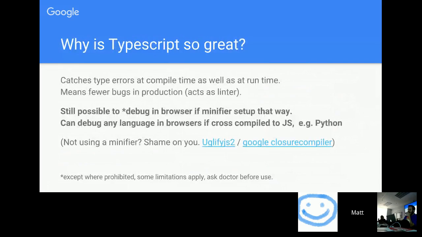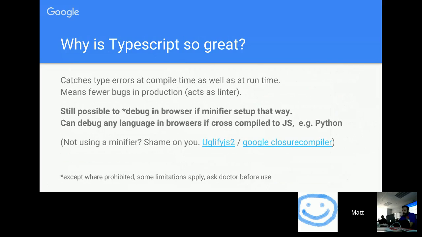So yeah, because it can do type checking, I think you're going to find that it's going to help you avoid a lot of bugs in the future, because it can catch them at compile time as well as at runtime. One downside to writing in one language and then having it compiled to JavaScript is sometimes it can be harder to debug in the browser.